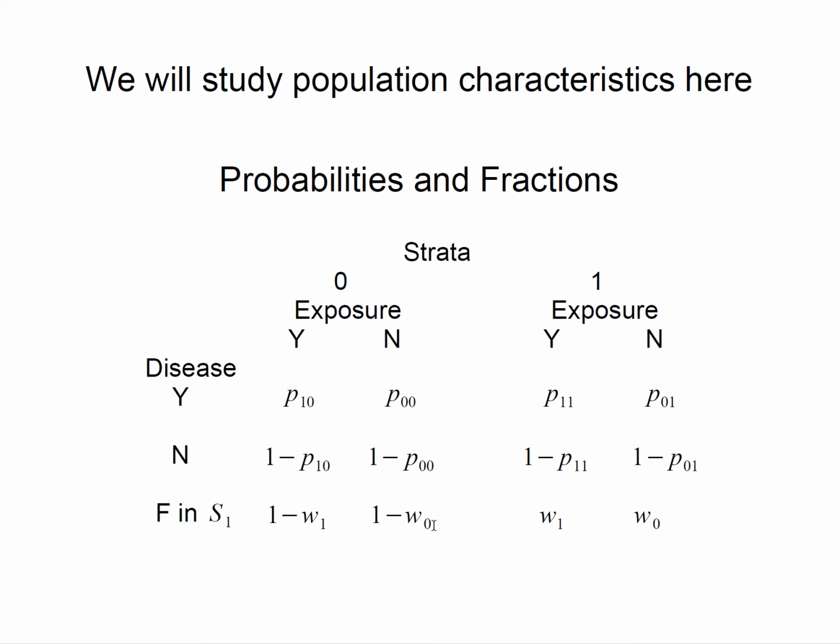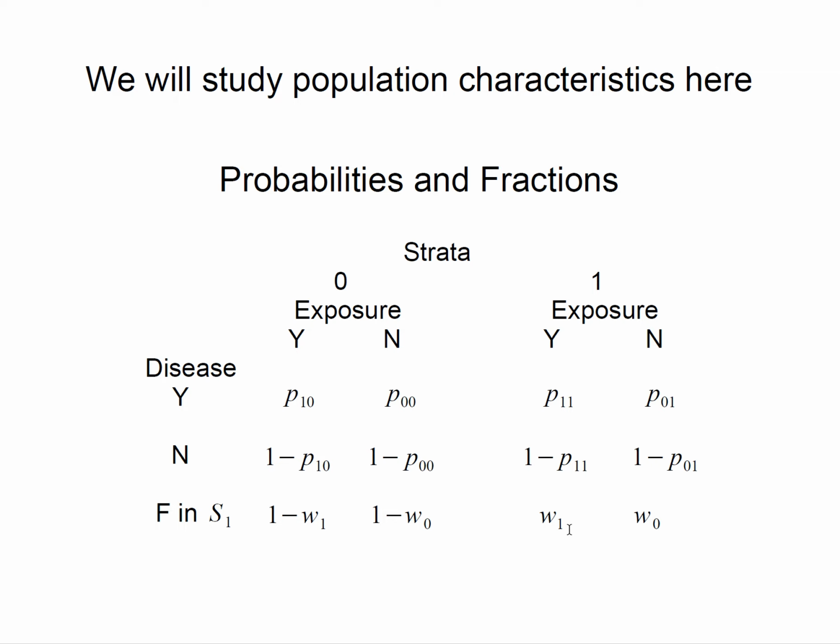Then we can ask, among those who did have the exposure, what is the fraction that were in strata 1? So we're looking at the two groups of individuals in this hypothetical population. Those individuals who were not exposed and how they distribute between the two strata, and then for those who were exposed, how they distribute between the two strata.